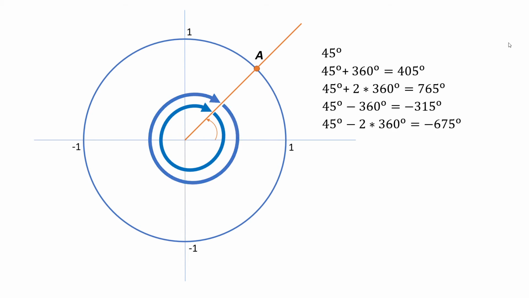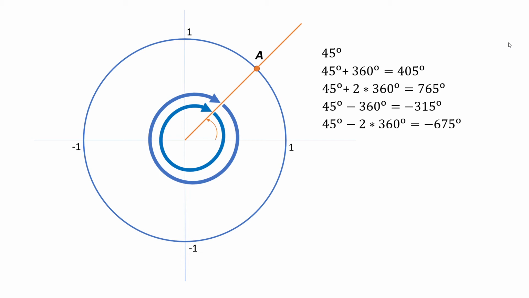In this case, we subtract another 360 degrees and get to minus 675 degrees. But notice that no matter what we did, we always get to this point A, okay? And when we talked about definitions of sines and cosines, we said that sines and cosines are the coordinates of this point A, okay? So for all these angles, sines and cosines are going to be the same.